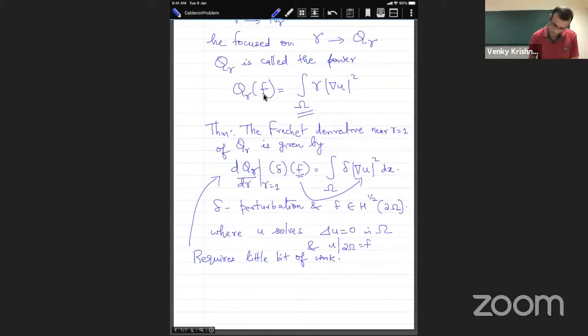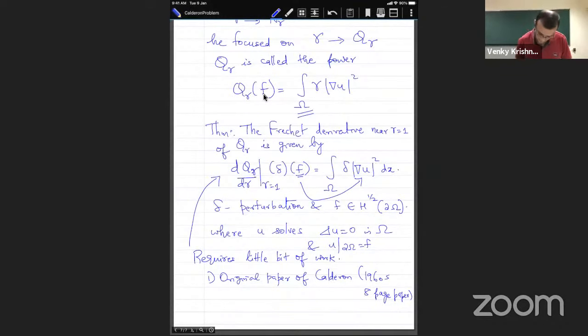For instance, one would be the original paper of Calderon. It's in the 1960s. It's a small 8-page paper.